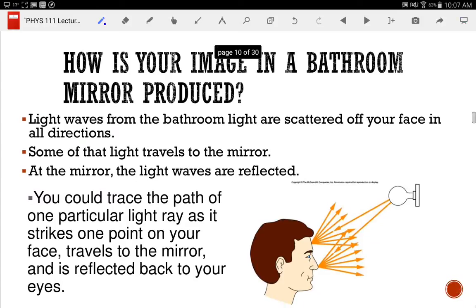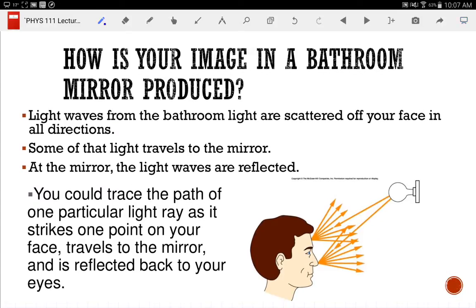So, first just looking at what's happening with light. We've already talked some about reflection. We talked about specular reflection versus diffuse reflection. Light from this light bulb hits the gentleman's forehead and nose. What kind of reflection is occurring when the light reflects off of him?